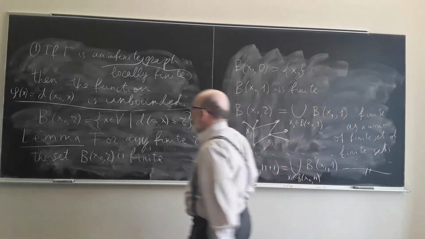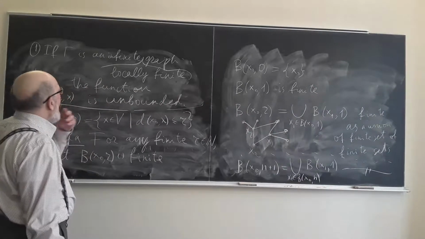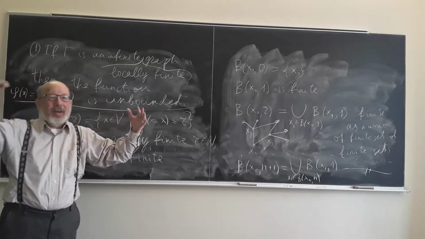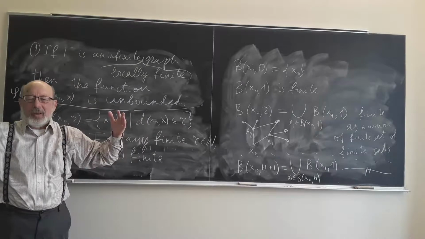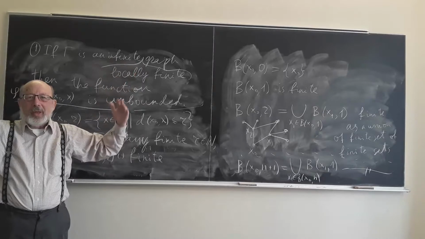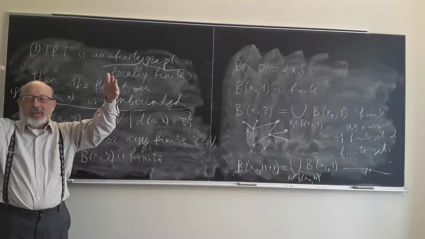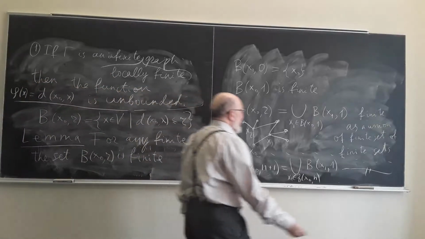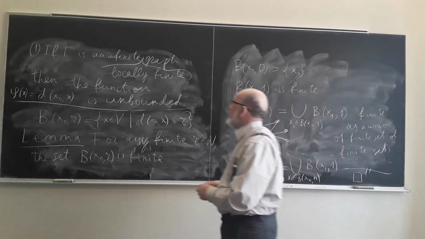Okay, so if our graph gamma is infinite, and every ball with finite radius is a finite set, this means that there are elements beyond this ball. So for any n, there are elements which are at a distance larger than n. So this lemma is proved.